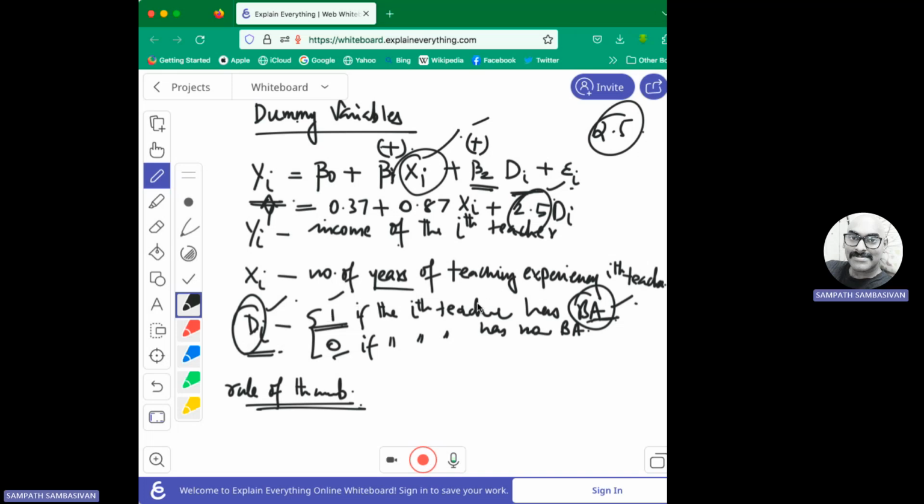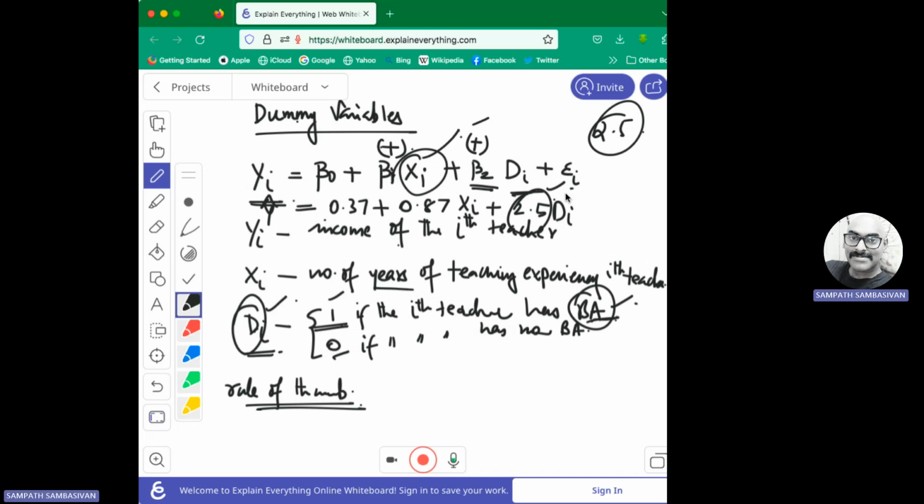One, the possibility of the teacher having a BA degree, and the other, the possibility of the teacher not having a BA degree. So I am defining this dummy variable in such a way that it takes a value equal to 1 for the condition that the teacher has a BA degree and 0 for the condition that the teacher doesn't have a BA degree.